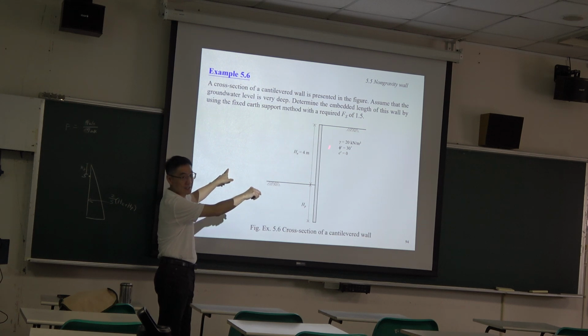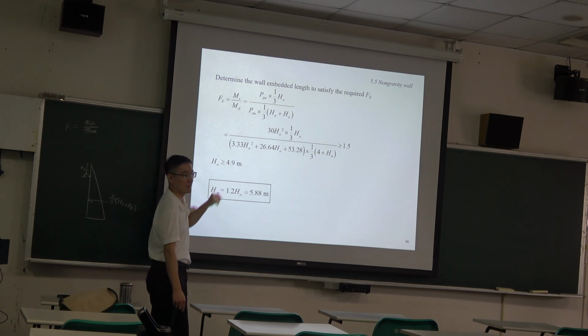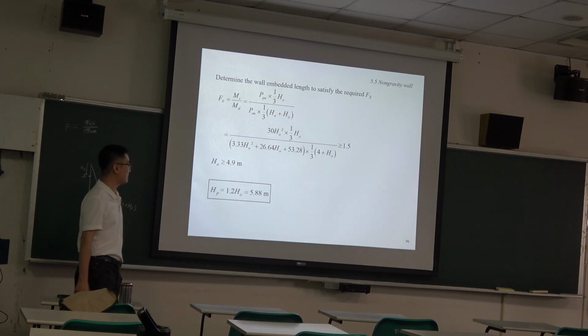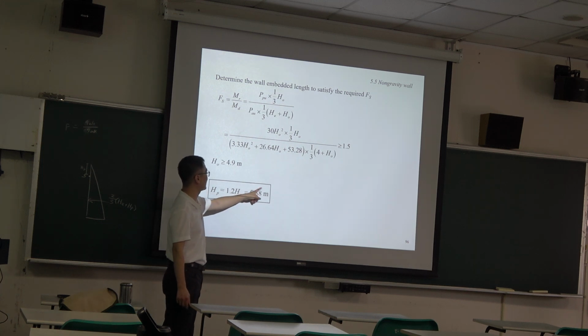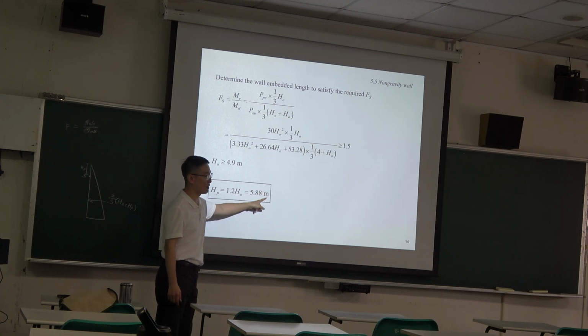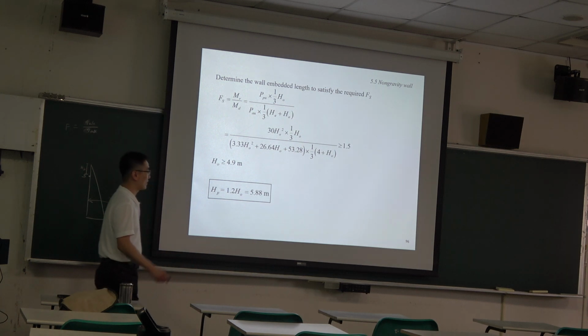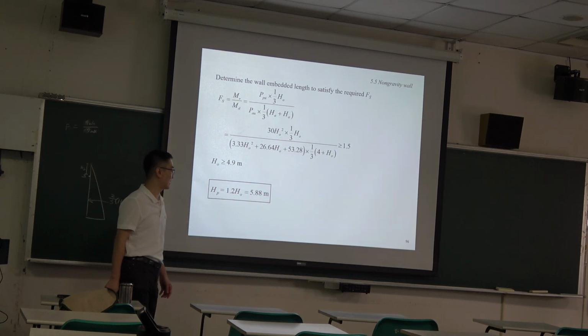By trial and error, we work out 4.9 meters. Then, as I mentioned, by experience in design we compulsorily multiply by 1.2. So we work out the value is 5.88 meters for its penetrating depth.